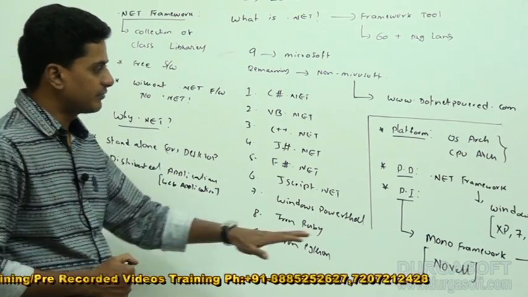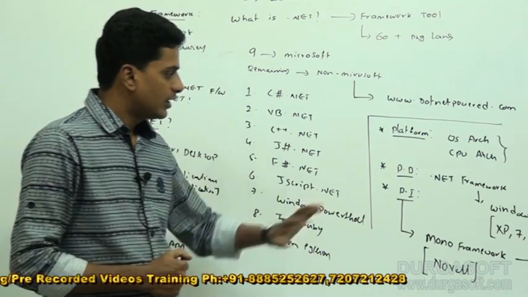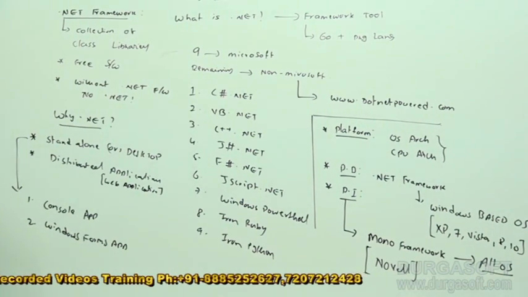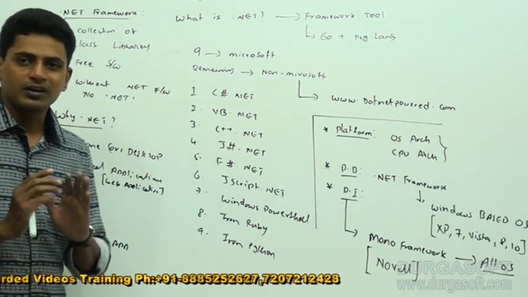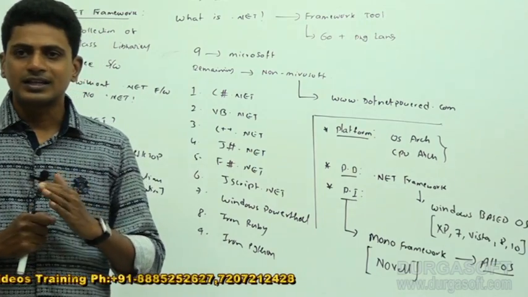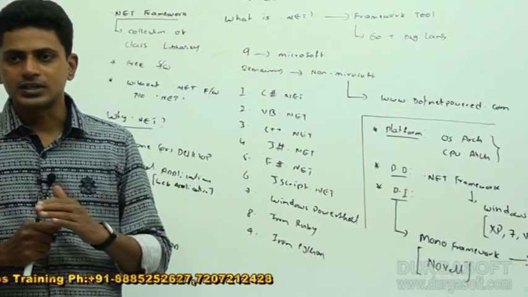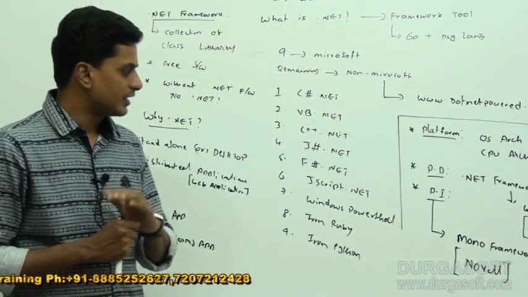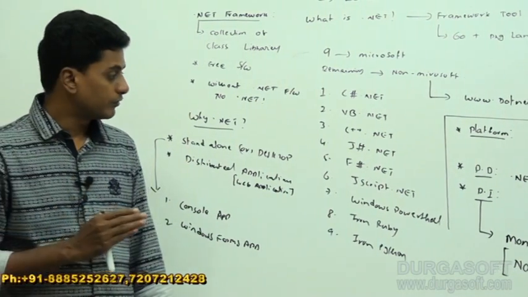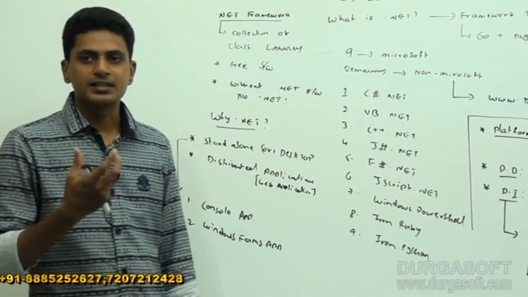Here .NET framework is a product of Microsoft, and all Windows based operating systems are also products of Microsoft. So .NET is platform dependent when we are using .NET framework, and .NET is platform independent when we are using Mono framework. The only difference is .NET framework is free software, whereas Mono framework is not free software, it is licensed software.